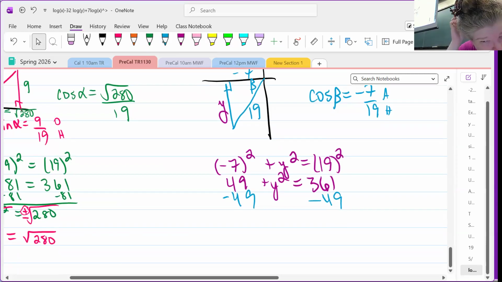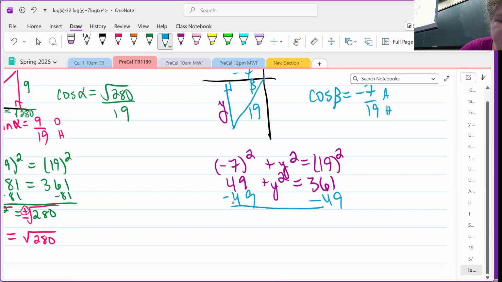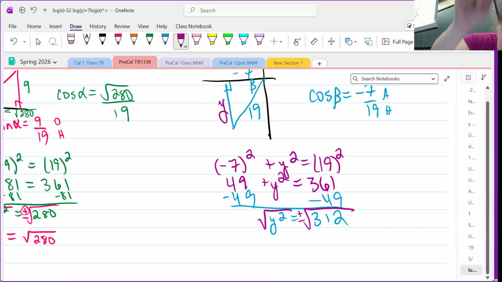So 362 minus 50, so 312. And then we square root. So we have to answer the plus or minus question. When we look at our picture, what is our y going to be, positive or negative? Yep, negative, because we're going down.